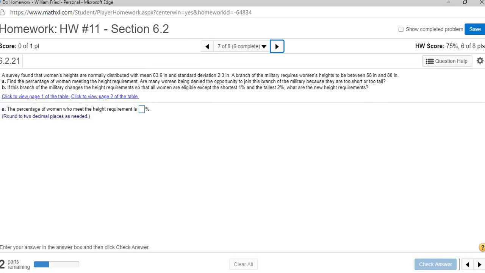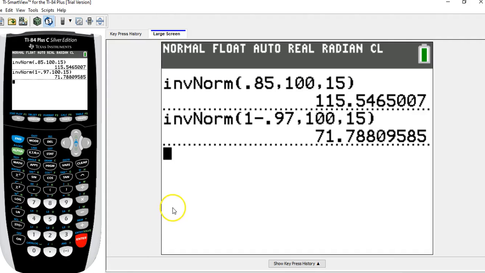So I'm going to go to the calculator and use normal CDF.